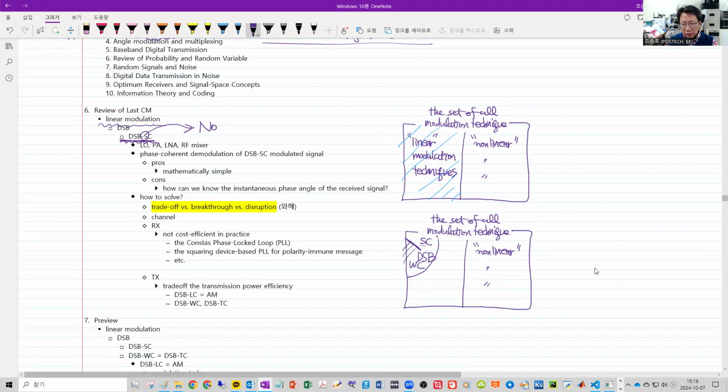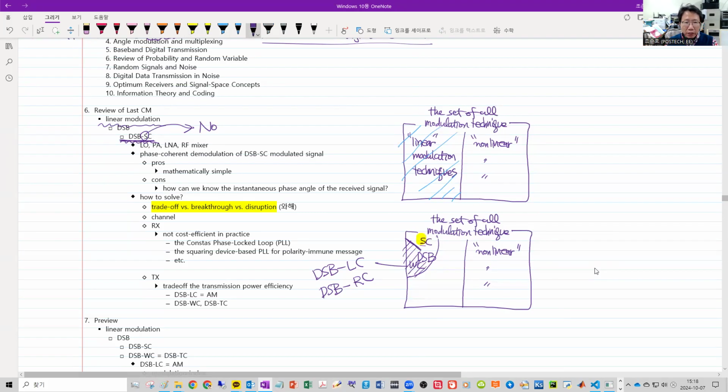And inside this with carrier, there is large carrier and reduced carrier. So DSB large carrier, DSB reduced carrier. Here reduced means small, but non-zero. Here suppressed means no additional carrier transmitted.